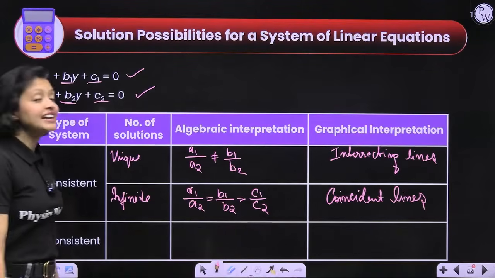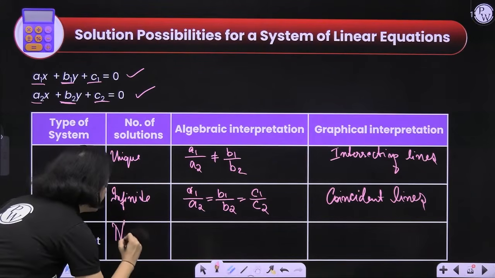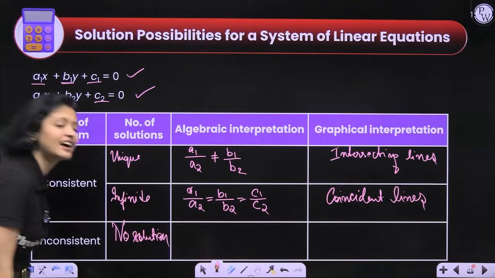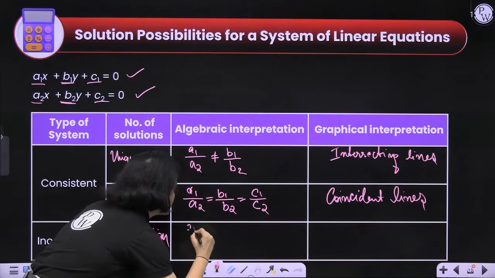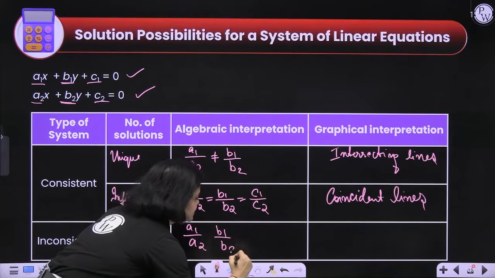Okay. Finally, the inconsistent system, only one thing, everyone, no solution, right? So when will you get no solution? How can you figure that out? What's the shortcut? Again, you will figure out the ratios of A1, A2, B1, B2, and C1, C2.